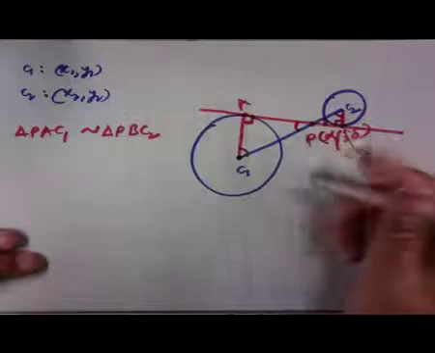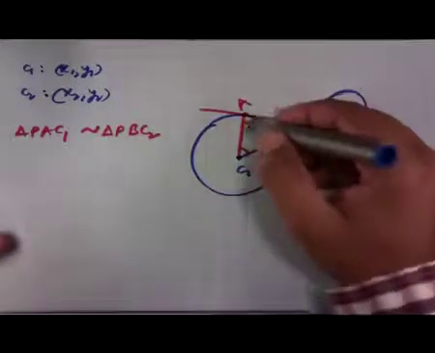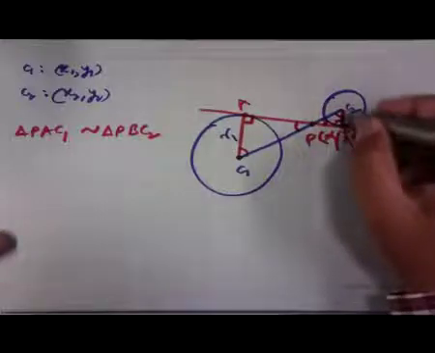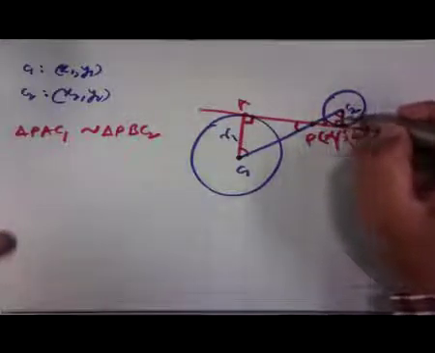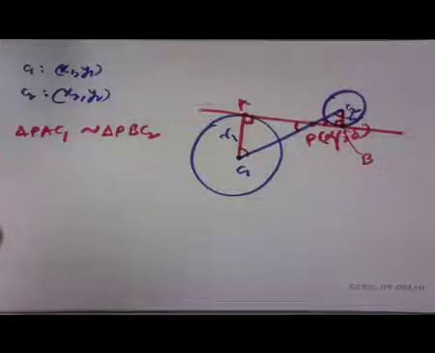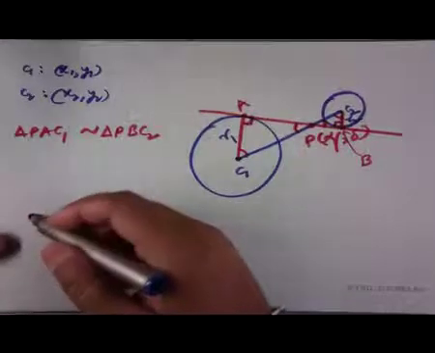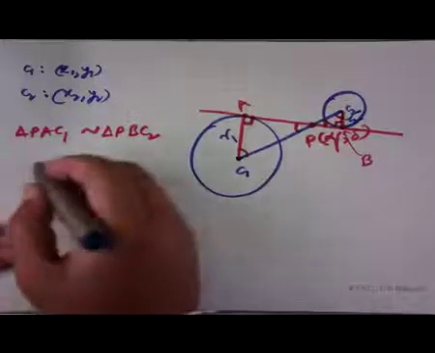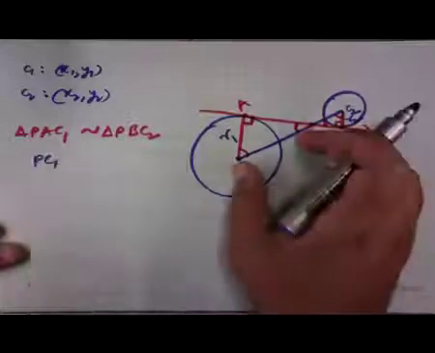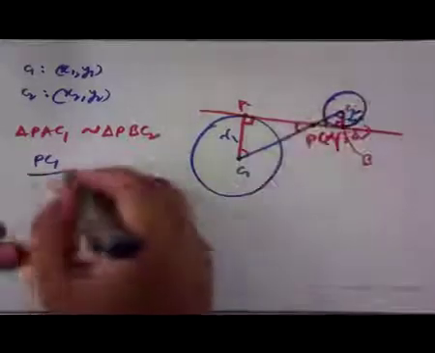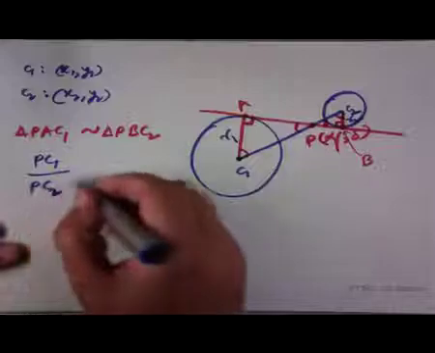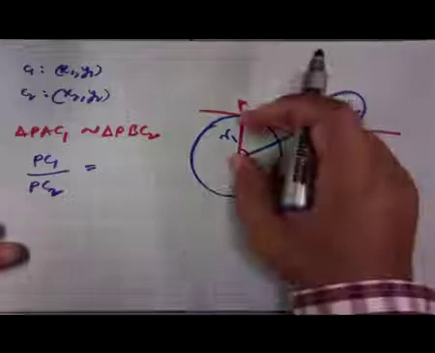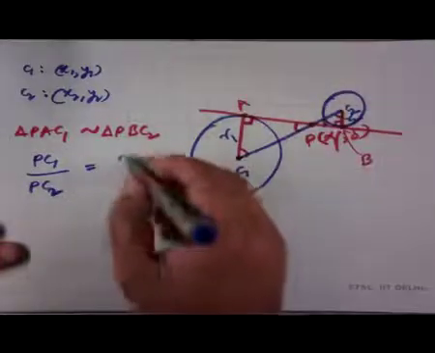Now, this distance is R1 and this distance C2B is R2. So, from the similarity ratios, what we get is that PC1 divided by PC2 has to be equal to R1 divided by R2.